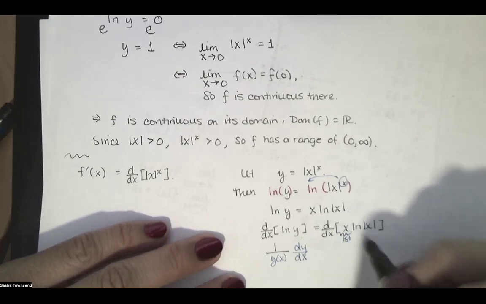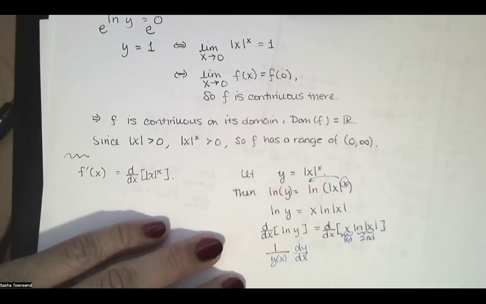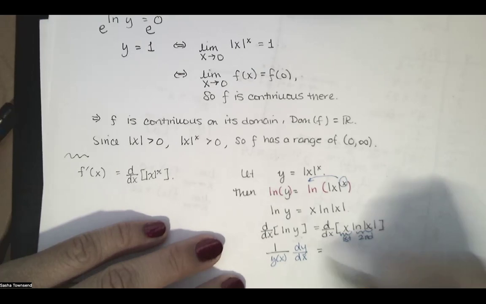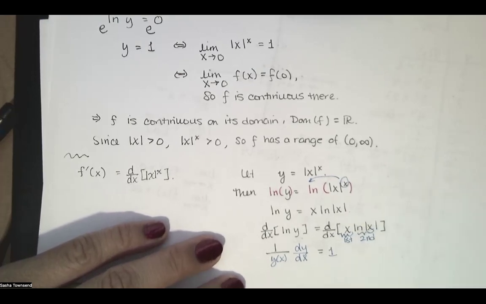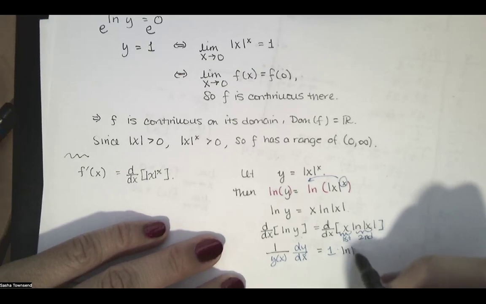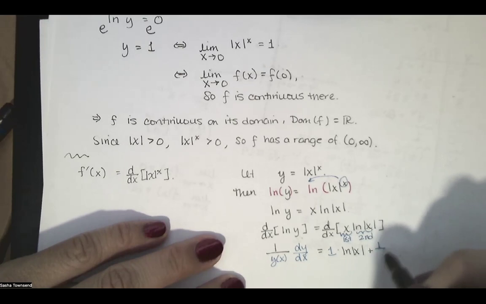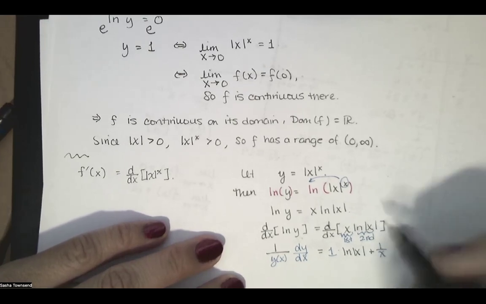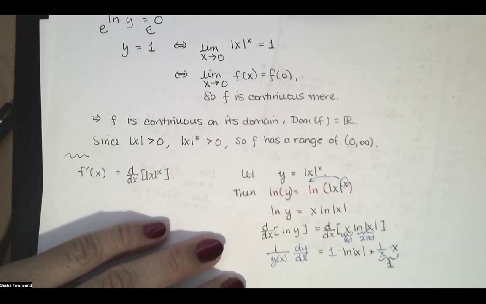And then this is a product. According to the product rule, the derivative of a product is the derivative of the first, which is 1, times the second, undifferentiated, plus the derivative of the second, which is 1 over x, times the first, undifferentiated. And x times 1 over x is 1, of course, provided that x is not equal to 0.